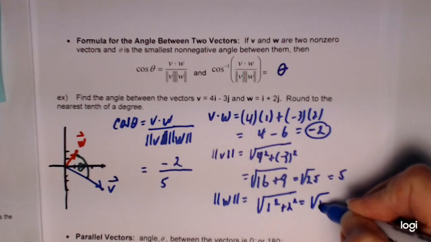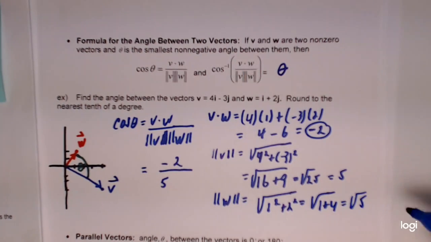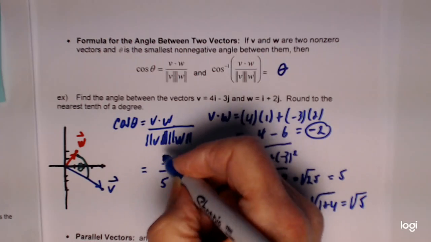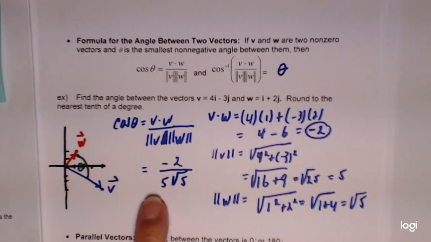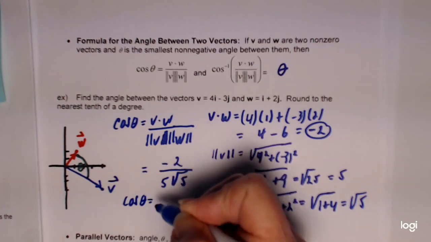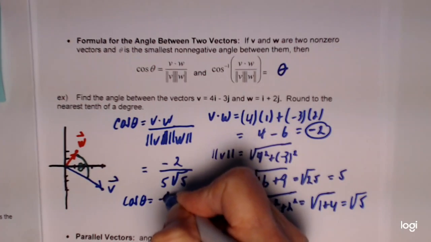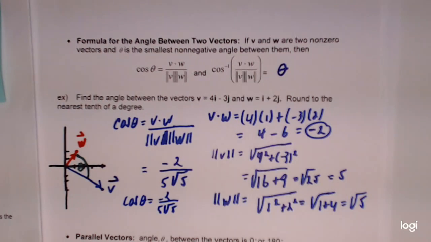So we have 1 plus 4. So we have the square root of 5. So the magnitude of vector w is square root 5. So putting this in the denominator, here is the cosine of our theta. Cosine of theta is equal to negative 2 over 5 times square root 5.